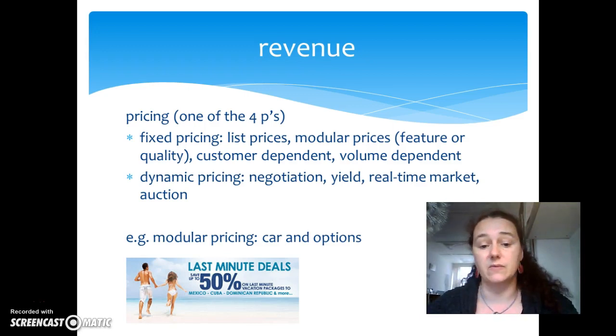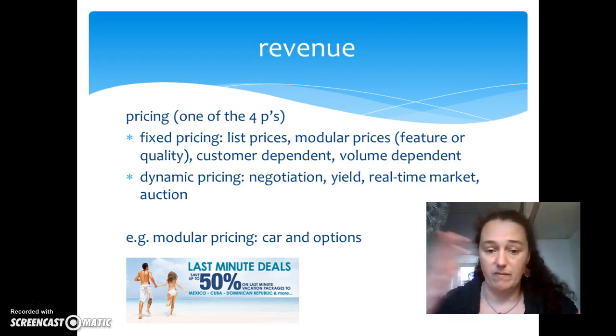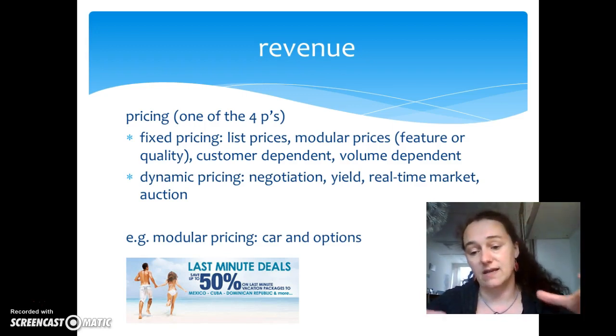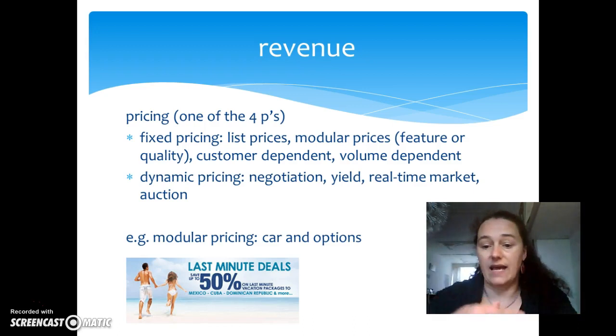And if you go back to the example of the car in the options, there's the list price, that's what the dealer gets from the manufacturer. But then, of course, on top of that, there will be a price that he calculates based on the list price for what the price of the car will be.